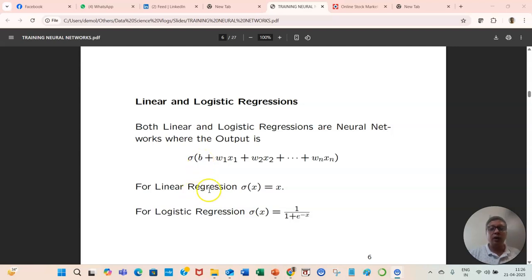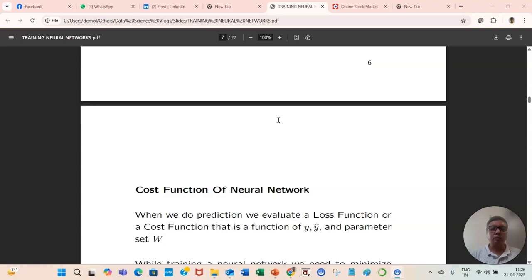For linear regression, sigma of x equals x, giving the linear regressor b plus w1x1 plus w2x2 plus wnxn. Whereas for logistic regression, sigma of x is the sigmoid function 1 by 1 plus e to the power minus x, which always lies between 0 and 1. So linear and logistic regression could also be seen as part of neural networks.